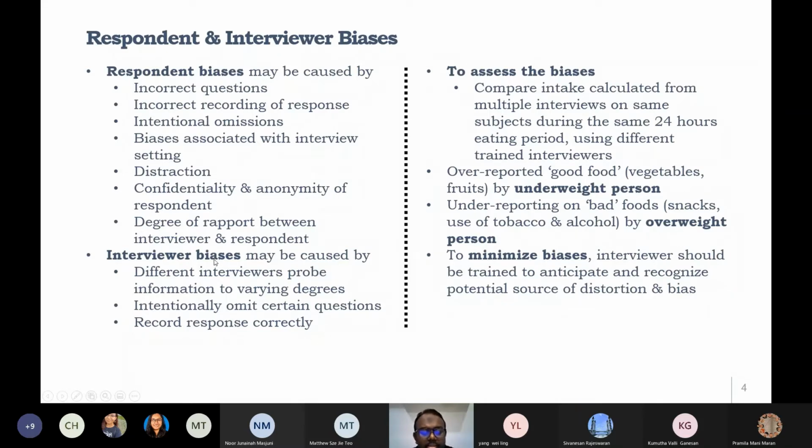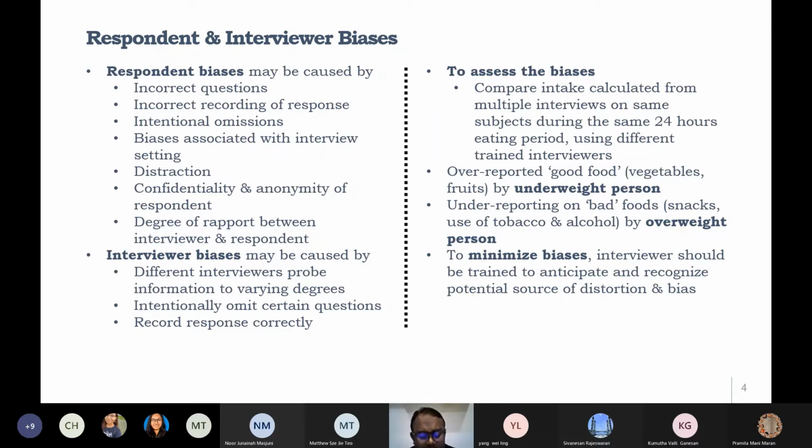From the interviewer side, there will be biases caused by different interviewers who probe information to varying degrees. Some interviewers like to probe a lot of questions to the respondent, therefore they will get more information, while some might think that it's not important to ask certain questions, so they will get less information.